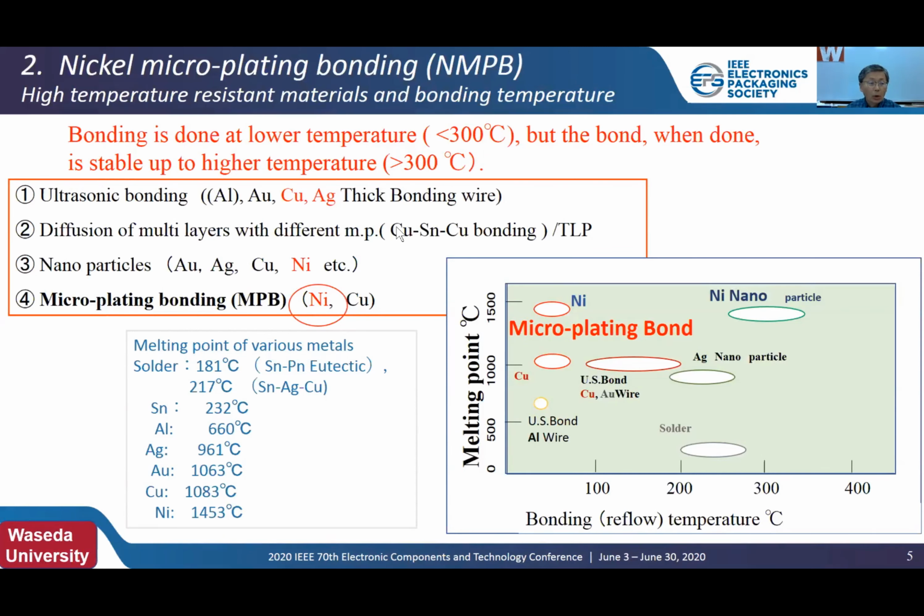The right lower figure shows the melting point of the interconnection materials plotted in y-axis and for their bonding or reflow process temperature in x-axis.